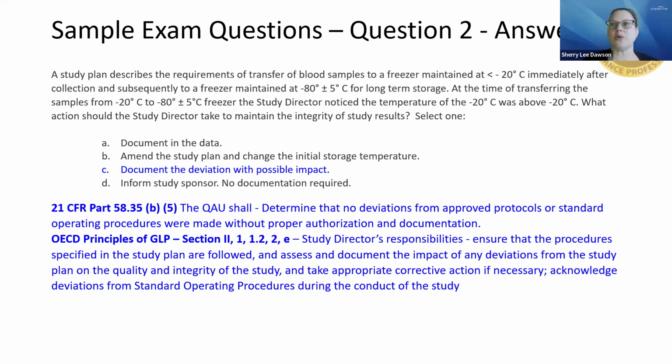They may want to amend for future, may change it to what maybe your SOP allows for, -20 plus or minus 3 degrees or whatever your SOP might have. So they may want to actually amend the study plan, but the current occurrence would still be a deviation.